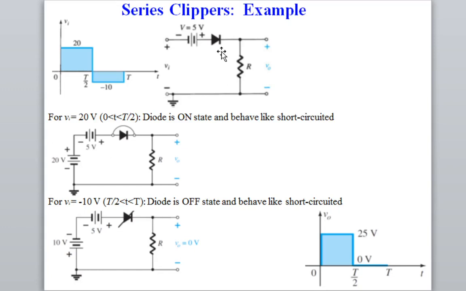So we have to find out the transition voltage. So how much transition voltage will be there? Obviously when the diode will go in reverse bias, if the negative input voltage will be greater than this 5 volt, then the diode will go in reverse bias. So that is what we know.